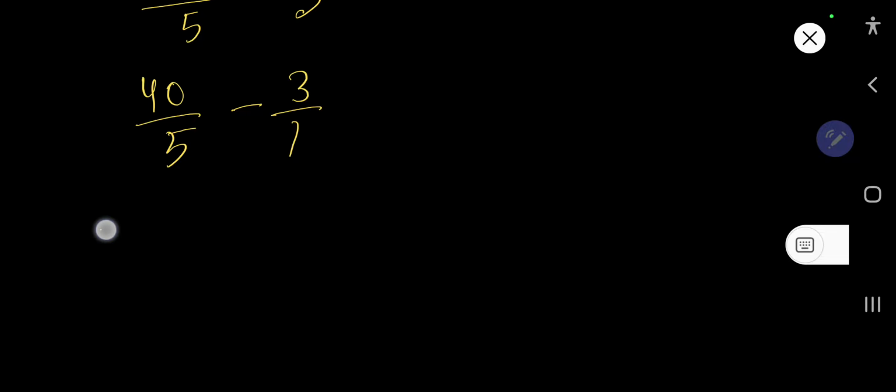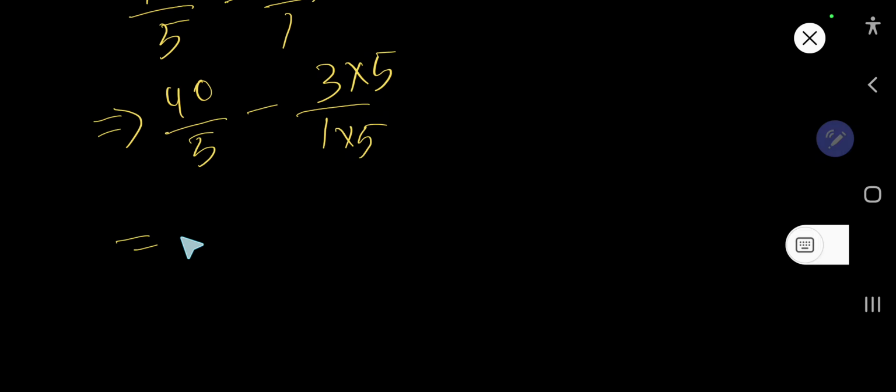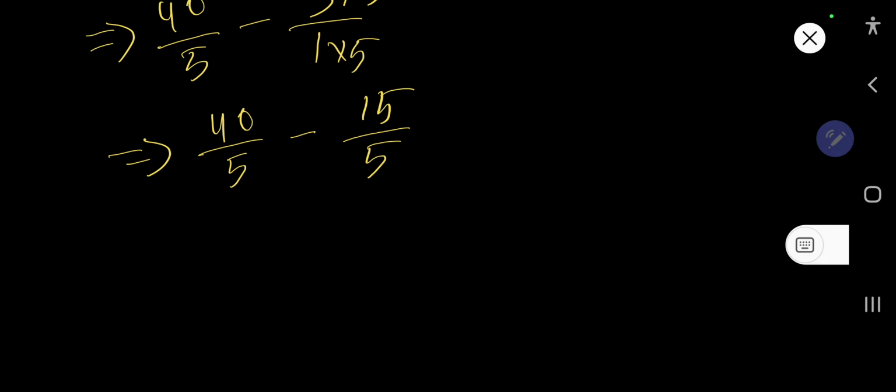So look, to make the same denominator, you need to multiply here by 5, then this 5 will automatically come to the top. So now you have 15 divided by 5. Now we have the same denominator, so take the same denominator. Now we have to subtract just the top numbers.